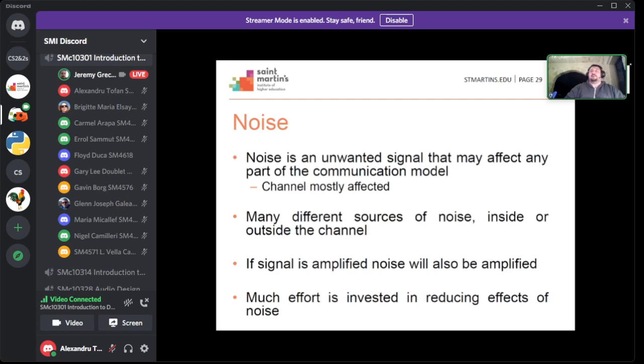This is why you would see radio stations in a soundproof room in order to reduce external noise factors. This is why you would probably also see cables with shielding and so on and so forth. But let's first and foremost try to understand the different types of noise that one might actually come across.